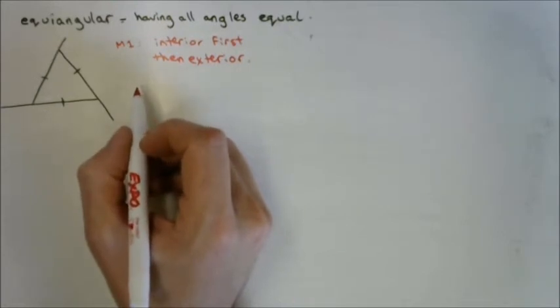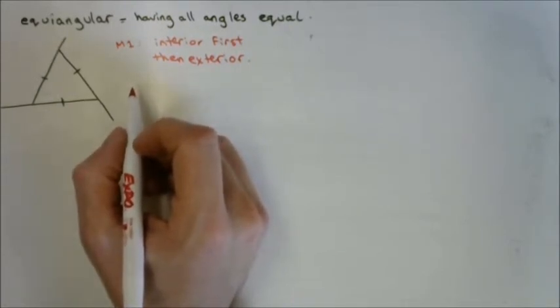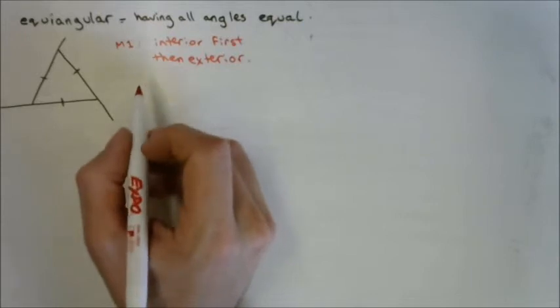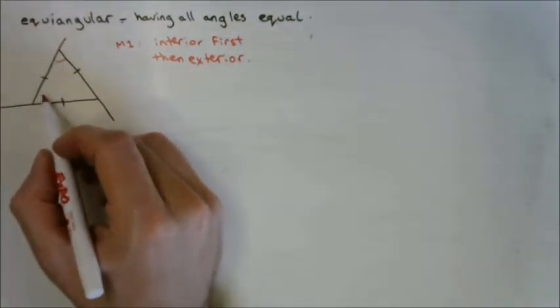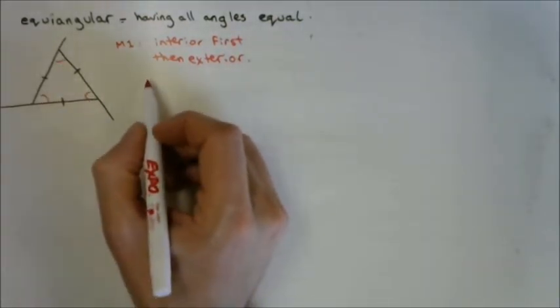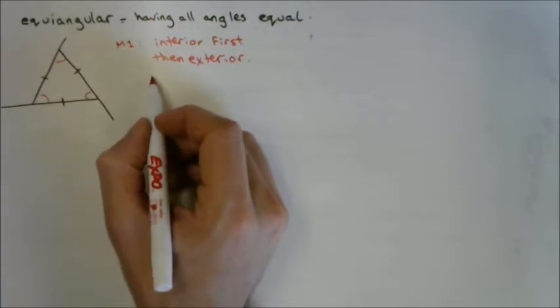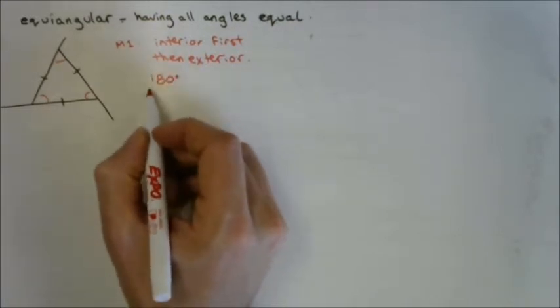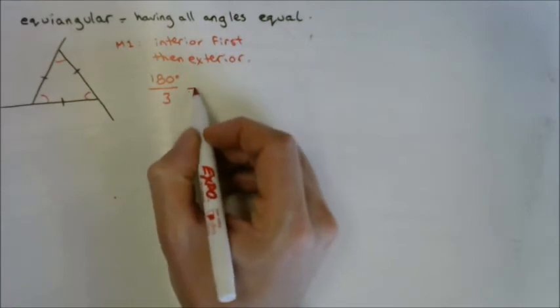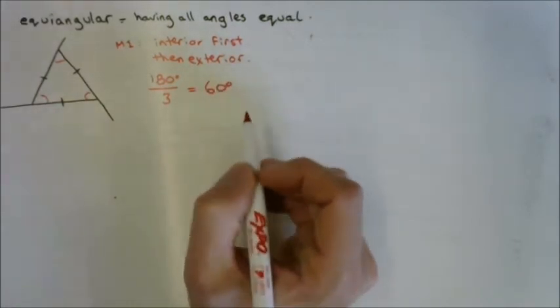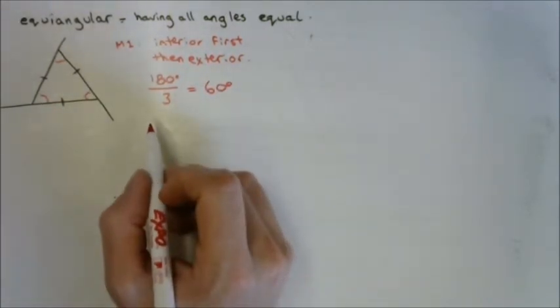What's the sum of interior angles in a triangle? 180. And since they're all the same, we would just say that each angle is 180 divided by 3, because there's 3 angles, which equals 60 degrees.